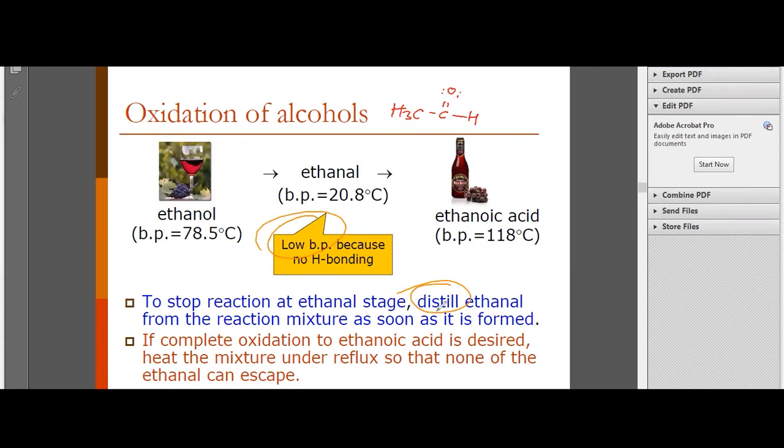But if we want to produce ethanoic acid, heat the mixture under reflux so that none of the ethanal can escape. So the point is: distill if you want to stop at the ethanal stage, reflux if you want to get carboxylic acid.